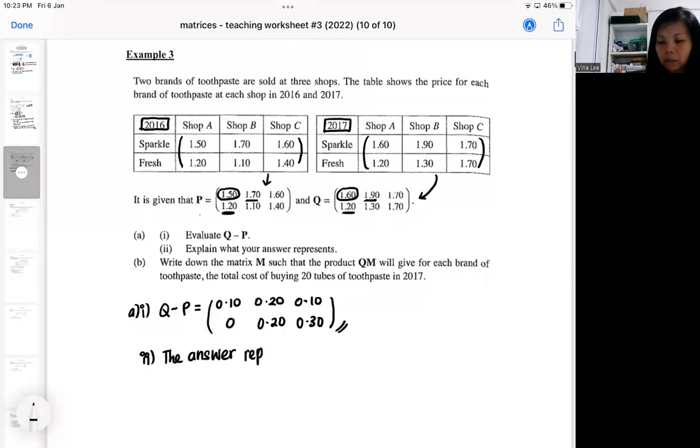You can say something like, the answer represents the price increase of the toothpaste from 2016 to 2017, or you can say the price difference. It's up to you.